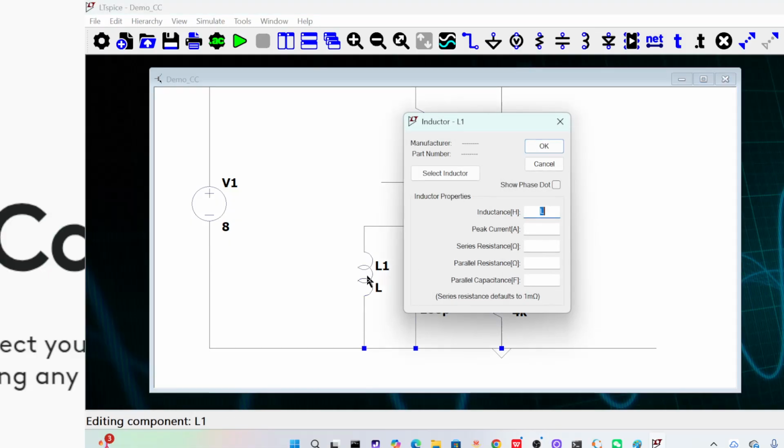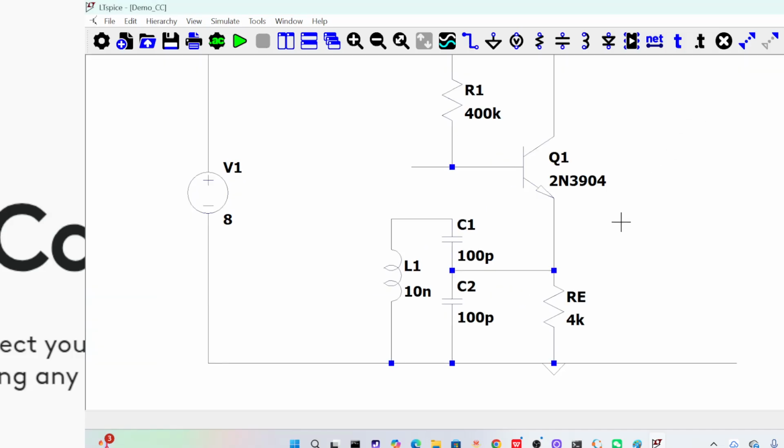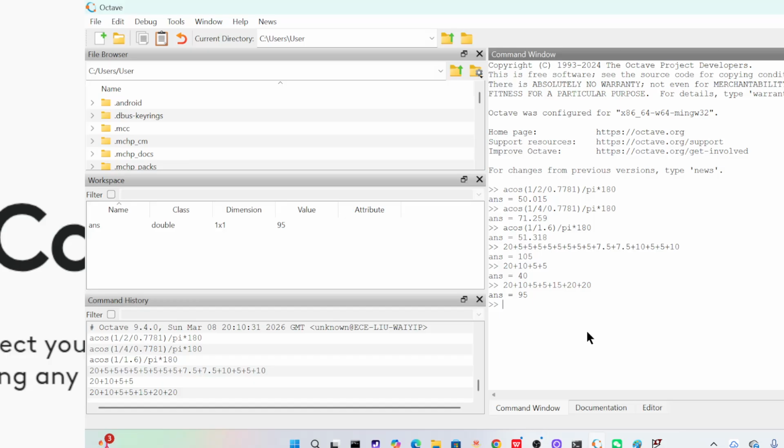So here maybe 10 nano. So equivalently, let's check the frequency: 1 over the square root of 10 nano times 50 pico, and 2 pi.